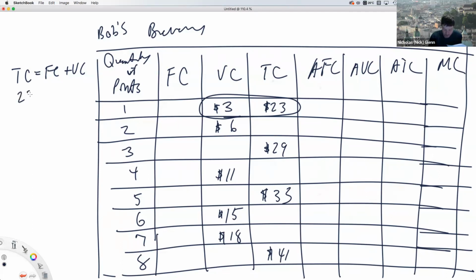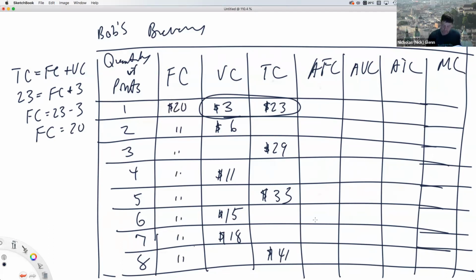And so we have total cost, 23. Fixed cost we don't have. Variable cost we said was 3 here. Right? So we just subtract 3 from 23. And so our fixed cost is 20. It's always going to be 20. All right. That's what it's always going to be. So this is 26.